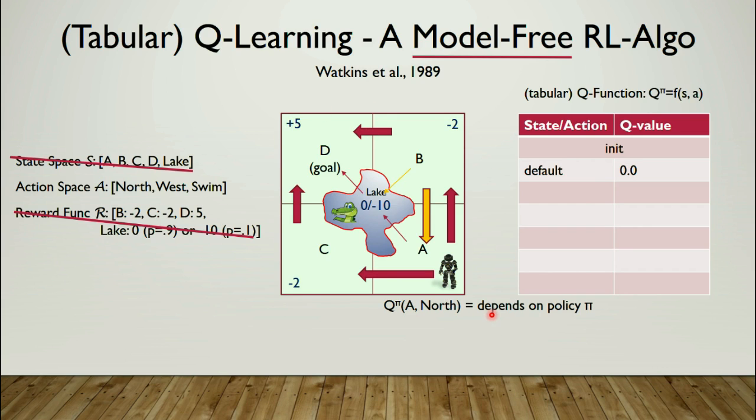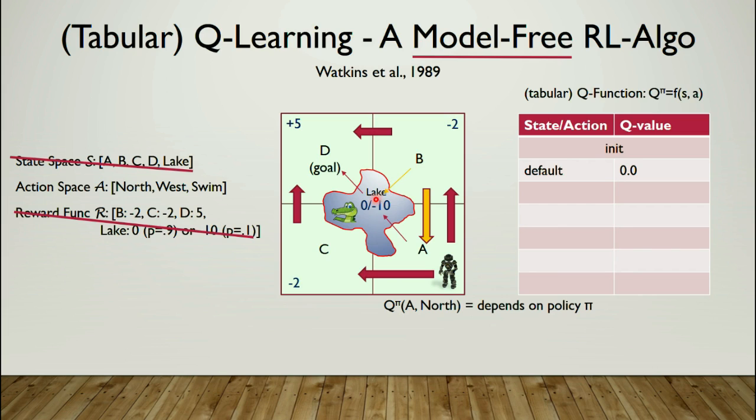So now my next question is, what if we add more actions here to this B state? What happens then to this Q value? So again, the question is, what is the value of the Q function if I plug in the state A and action north? Well, let's think. The agent will go north, it will receive -2, but now what does it do? We don't really know, right?